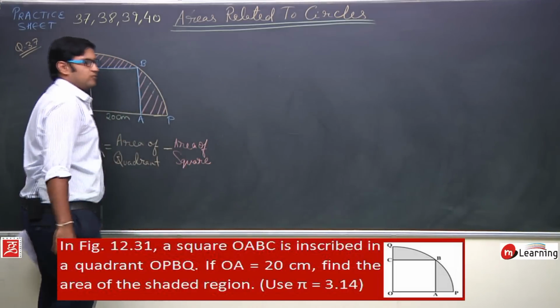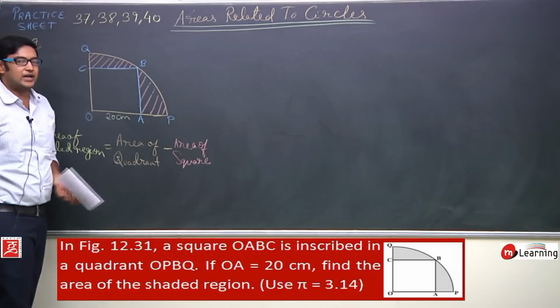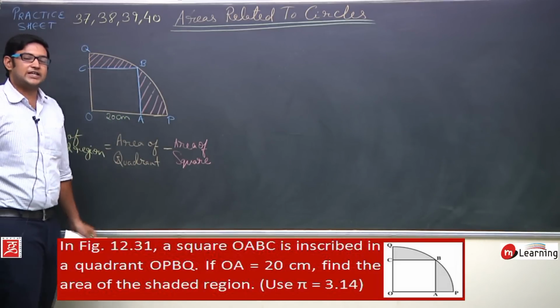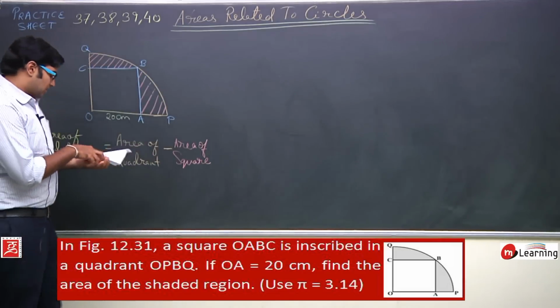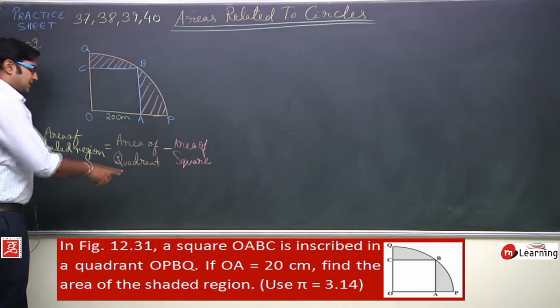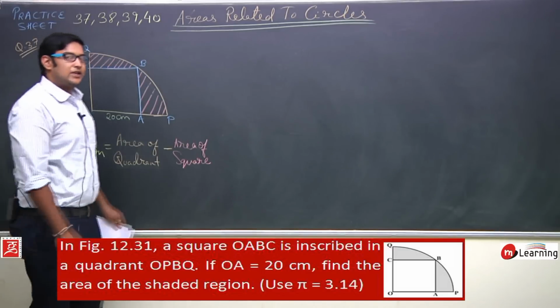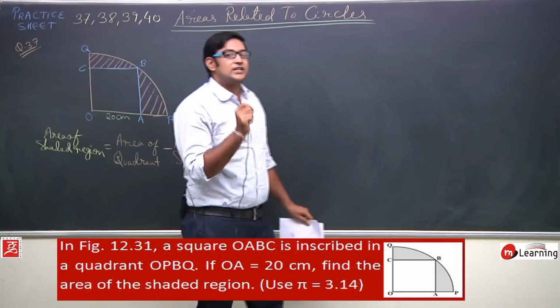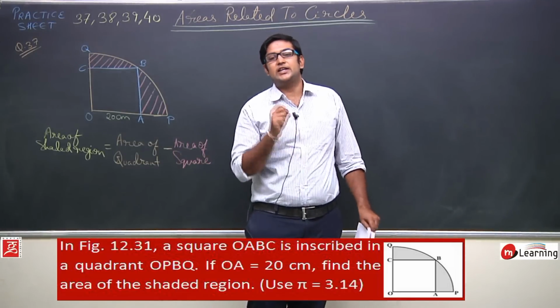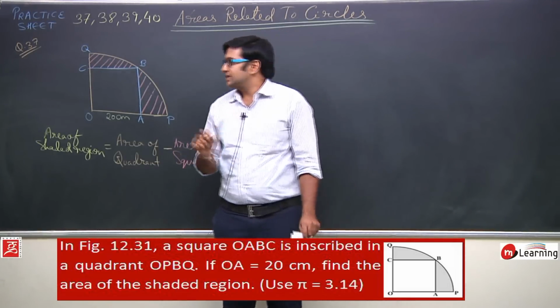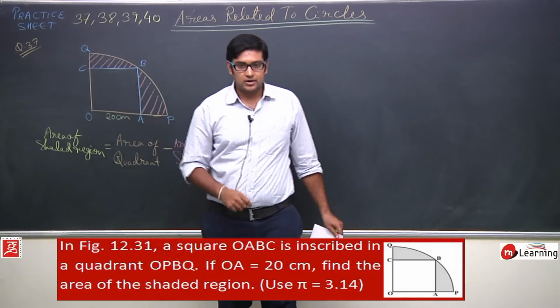If I remove the area of the square from the quadrant, I will get the area of the shaded region. Now my task is to determine the area of the quadrant. To determine it, I need the radius of the circle from which this quadrant has been taken.